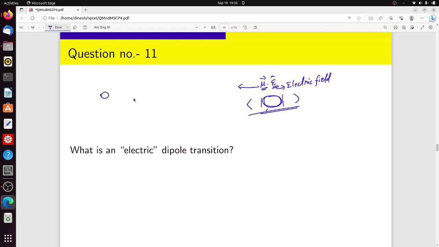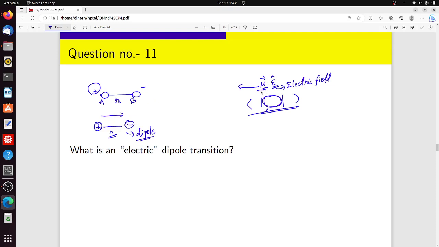Actually, there are two molecules A and B separated by some distance r. Let's say this is positive, then this is negative. There is some quantity we can define for this kind of system. What do we call this kind of system? Plus and minus separated by some distance. This is a dipole, right? Some plus and minus charge separated by some distance is called a dipole. And if there is a dipole, then there will be some dipole moment going from plus to minus.